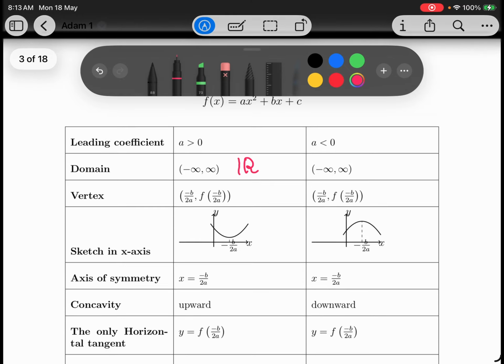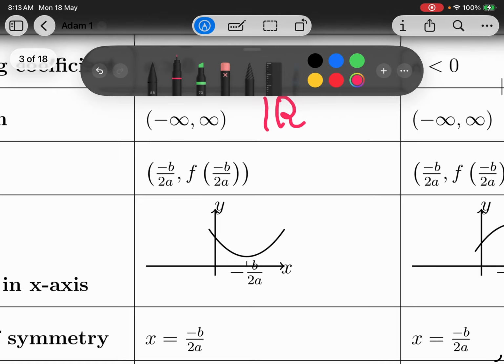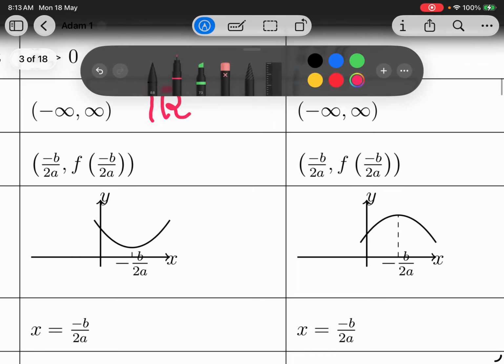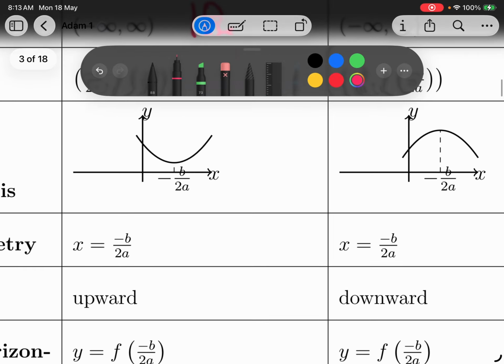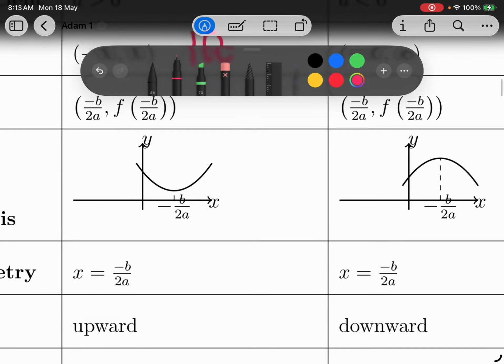Okay, and for the vertex, guys, the vertex is a point, and that point has two coordinates, x coordinate and y coordinate. The x coordinate of the vertex is minus b over 2a. And the y coordinate is f of that minus b over 2a. It's the same for both. And look here, guys, we have this very nice graph. Remember what we have to the left when a is positive, and what we have to the right when a is negative.